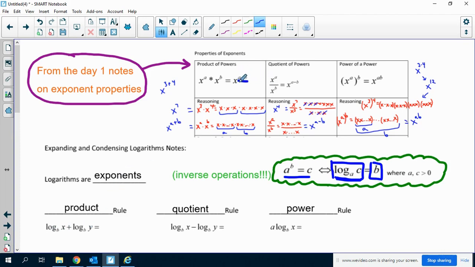If the exponents are added, that's the same thing as saying I can multiply the two things together, basically. And so this product rule indicates that if I have log base b of x plus log base b of y, I can rewrite that as log base b of xy. So I can take these x and y and I can multiply them together.